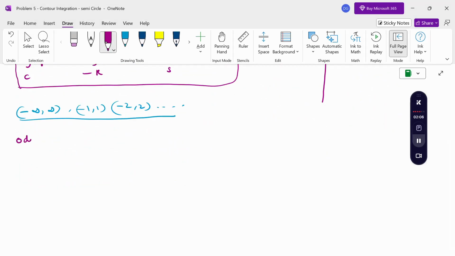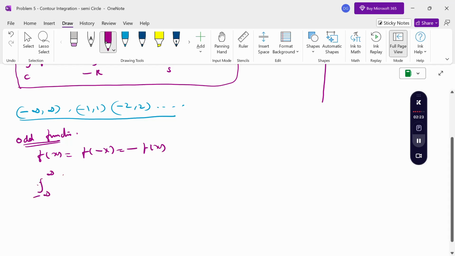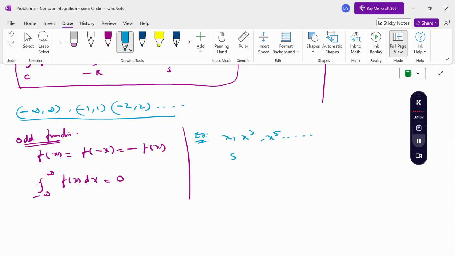If f of x, replacing x by minus x, gives minus f of x, then it is an odd function. For an odd function, the integral from minus infinity to plus infinity of f of x dx equals 0. For example, x, x cube, x power 5 and so on are odd functions. Sin x is also an odd function.